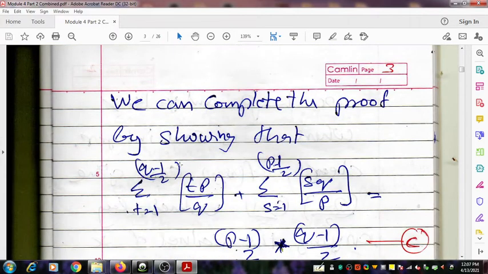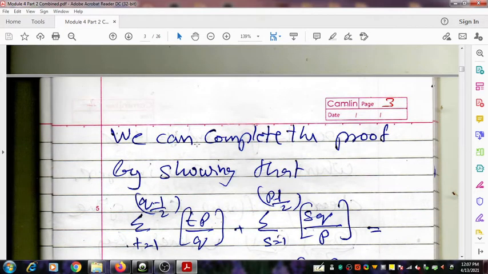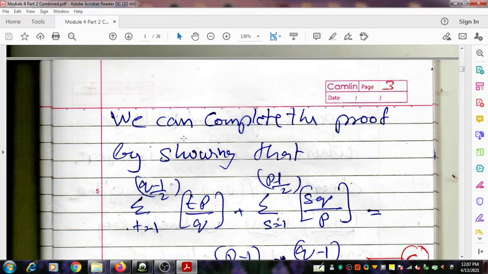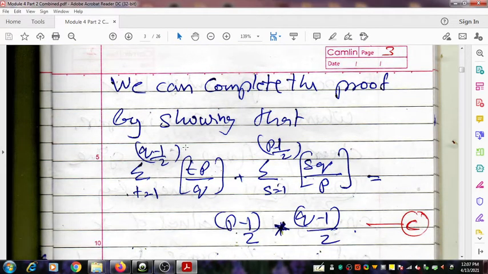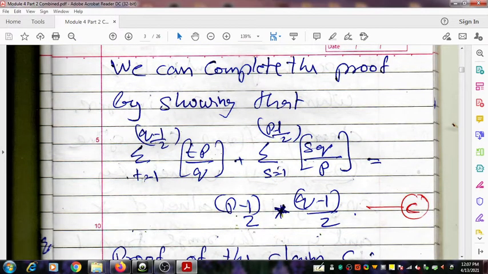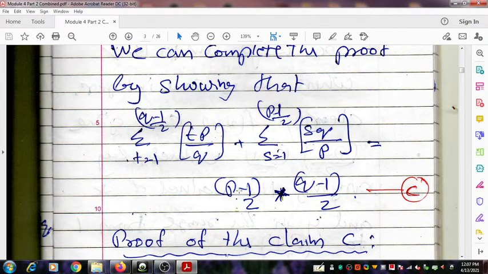Next we proceed, and by proceeding this way, you can complete the proof by showing that the summation sigma t equal to 1 to q minus 1 by 2 of tp by q in square brackets, plus the summation s equal to 1 to p minus 1 by 2 of sq by p, equals p minus 1 by 2 into q minus 1 by 2.